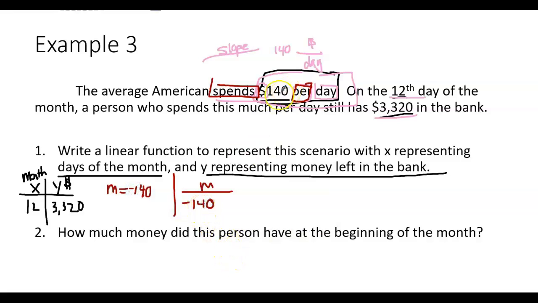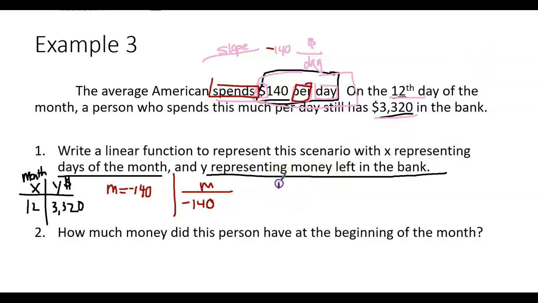The amount of money in their bank account is decreasing by $140 every day. So the slope is actually negative $140 per day. So you've got to be careful with that. That's the one trick with these 3 number problems, is that when they tell you the slope right off the bat, you have to think, is this an increasing function or a decreasing function? In other words, is my slope positive or negative?